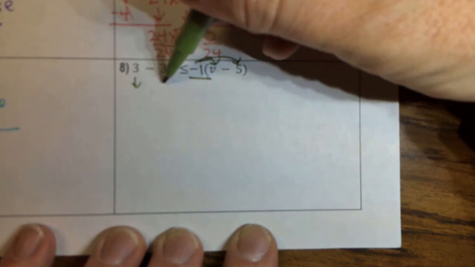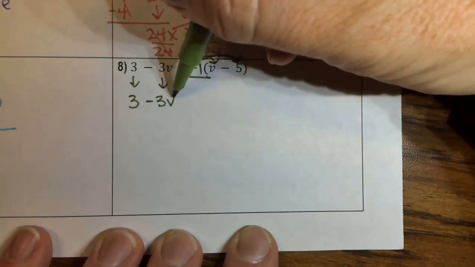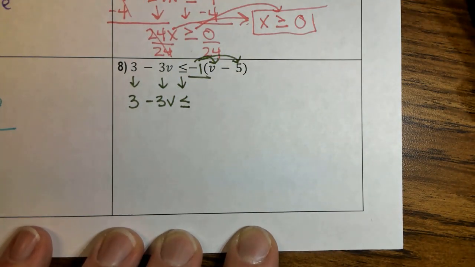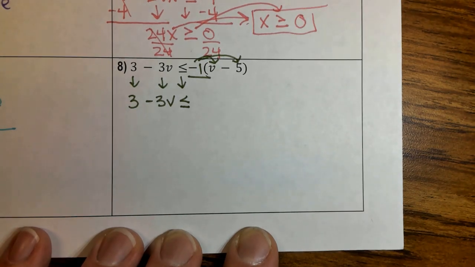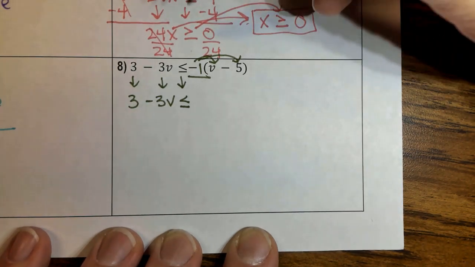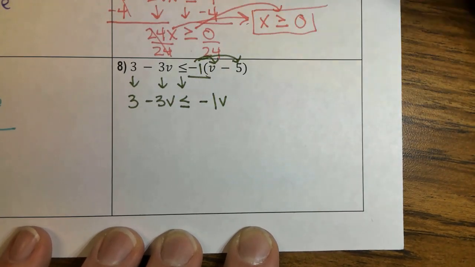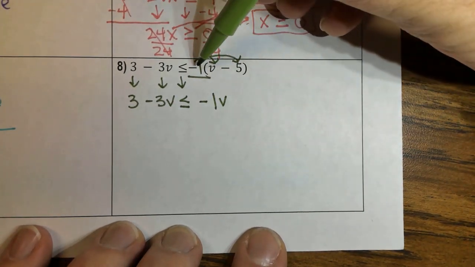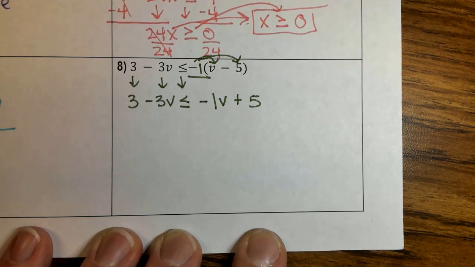So I did not change these at all. So I have 3 minus 3v less than or equal to, all right, less than or equal to, then -1 times v, -1v, and you don't need the 1 if you don't want to. -1 times -5 is a +5.